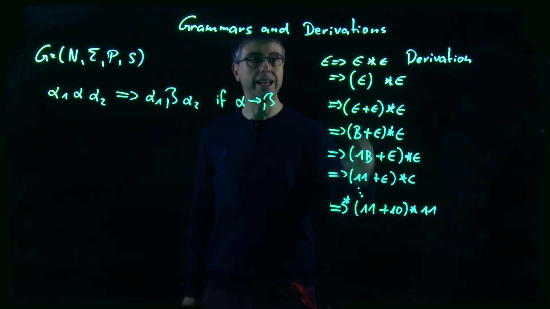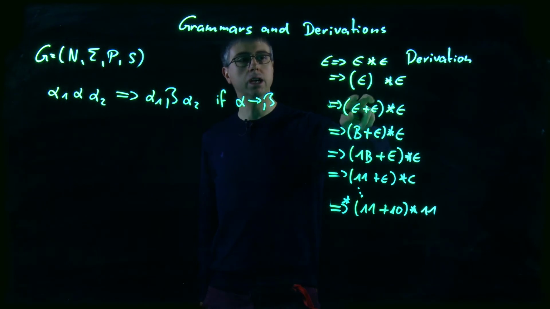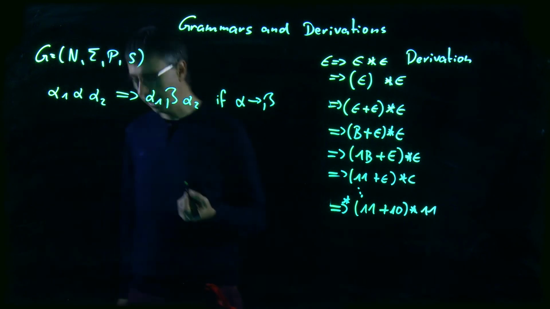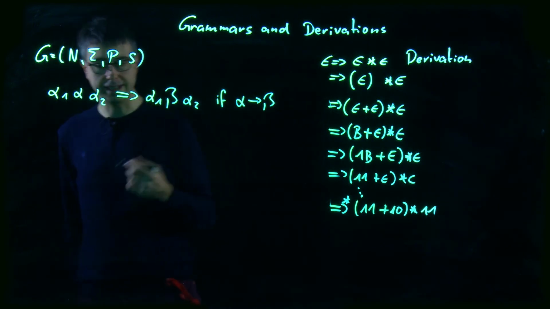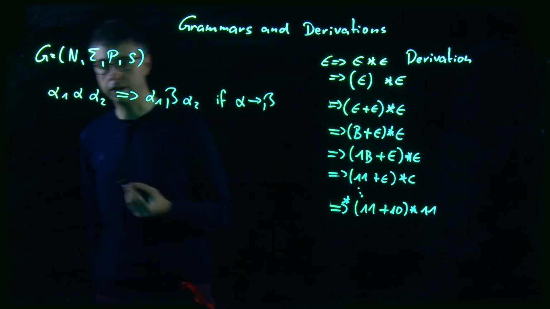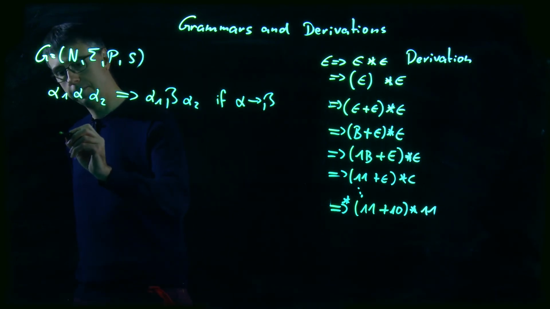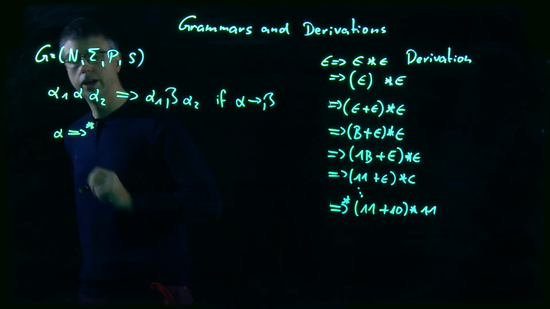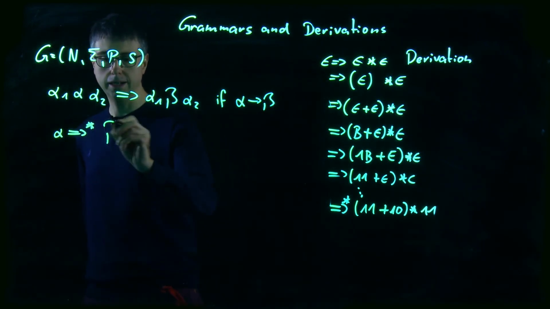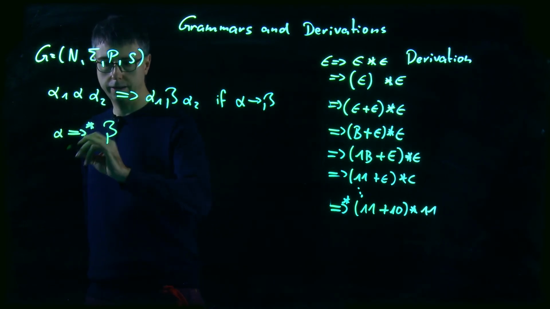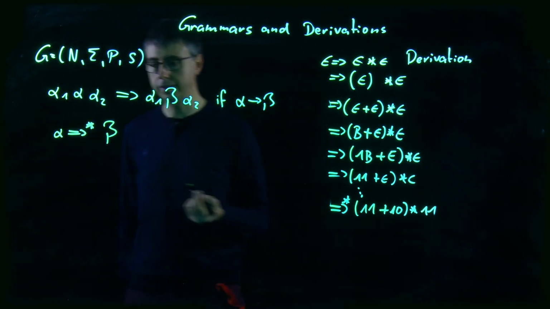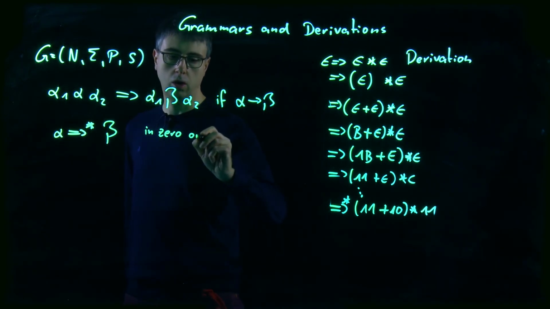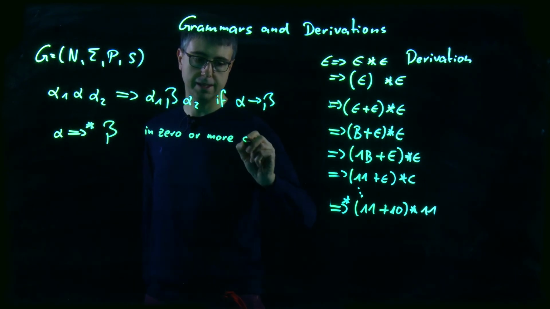We've always replaced, for example here we have replaced this E by the E in parentheses, according to one of the substitution rules. And we'll use a notation with a star for the so-called reflexive transitive closure, and we'll write that we can make a derivation from alpha to beta, and this means in 0 or more steps.